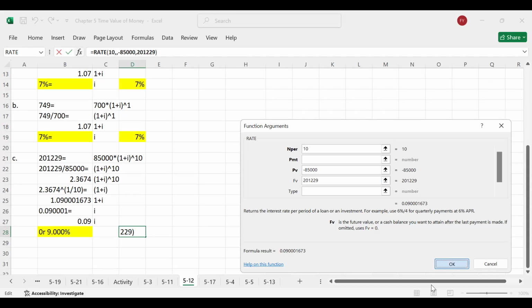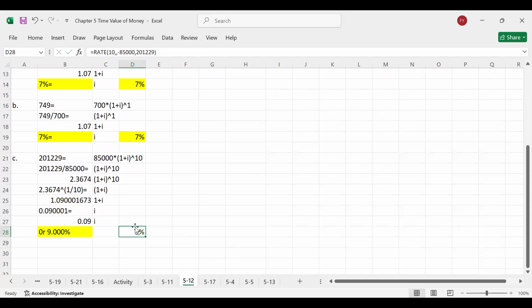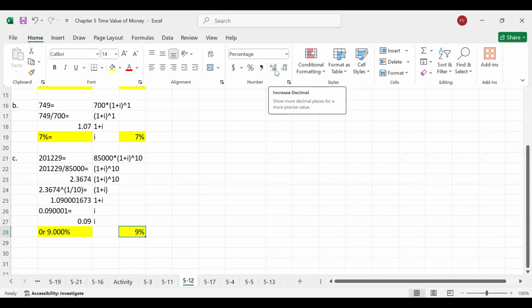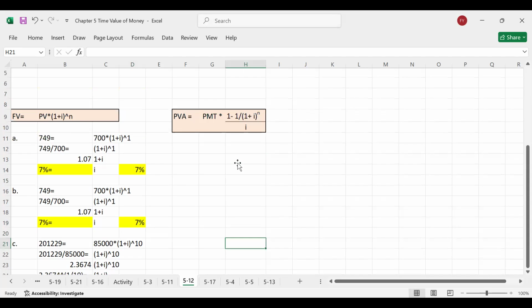So what would be the interest rate? It is the same, 9%. Even we can check it by adding more points. You can see 9%. So the answer is the same whether you calculate it via Excel sheet or on your calculators.